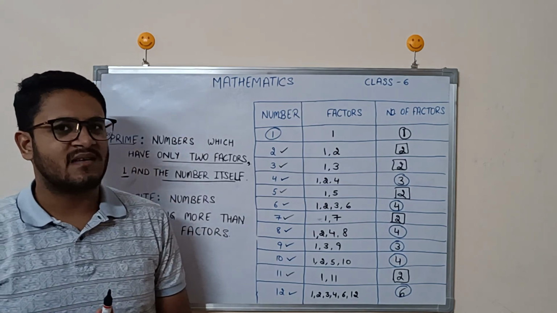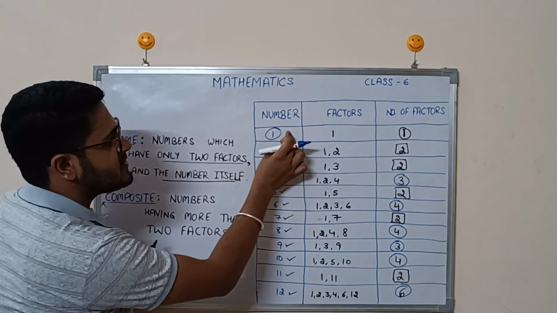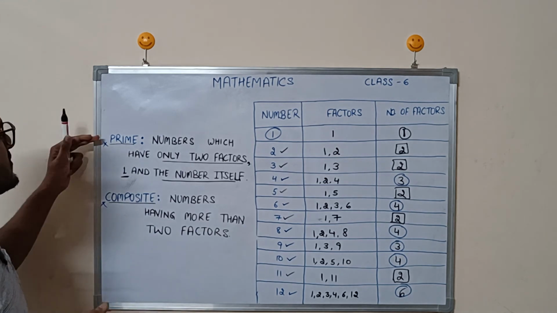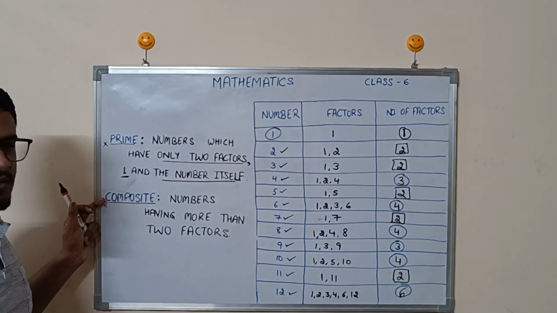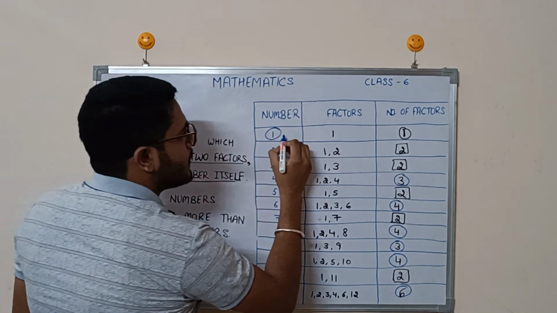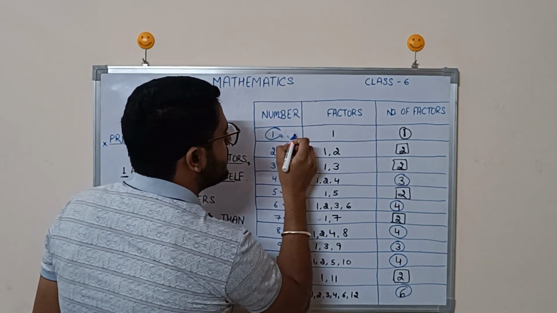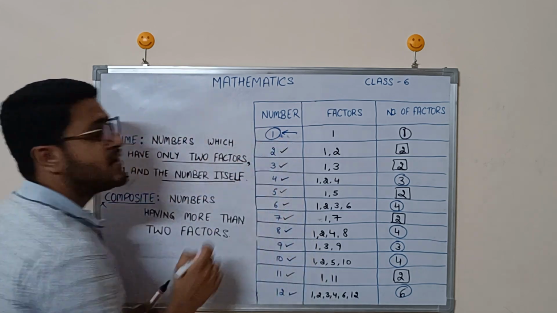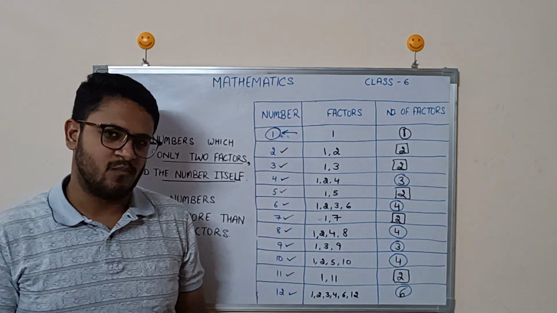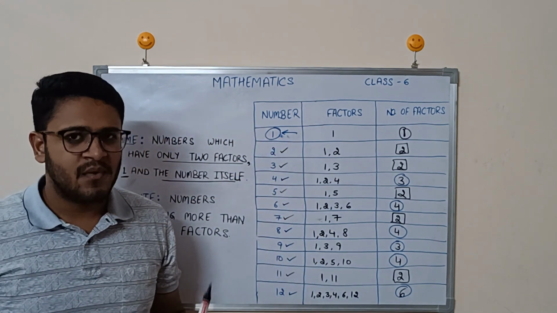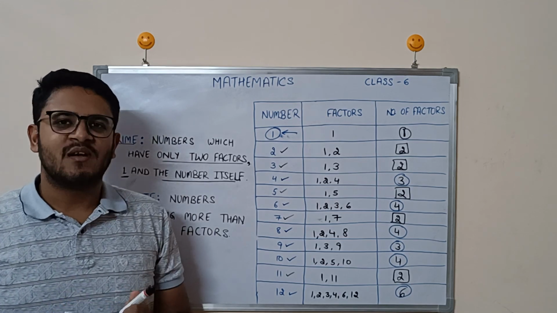So from here we can understand that the number 1 does not adhere to the definitions of prime numbers or composite numbers. So we can say that 1 is neither prime nor composite.